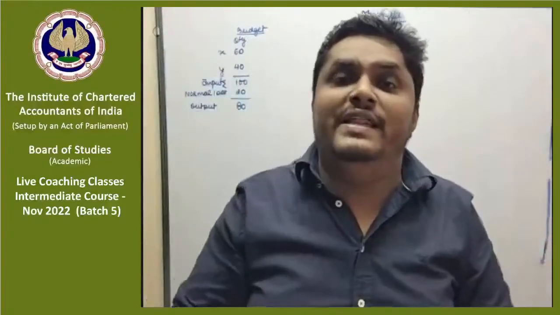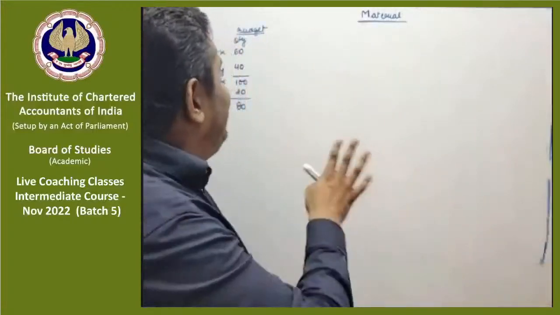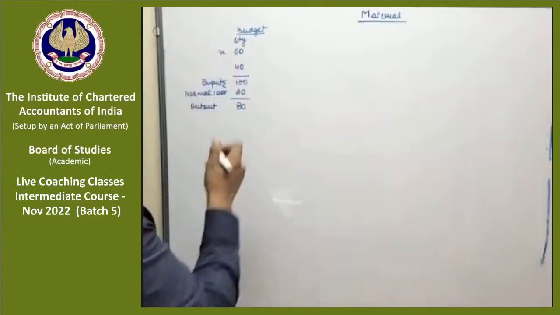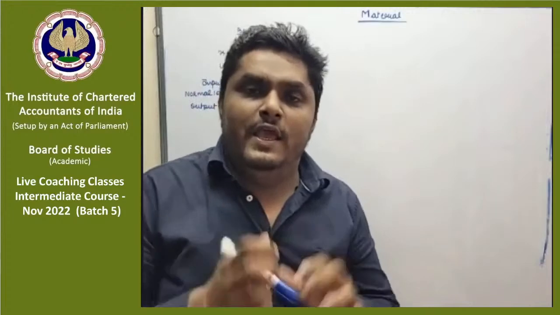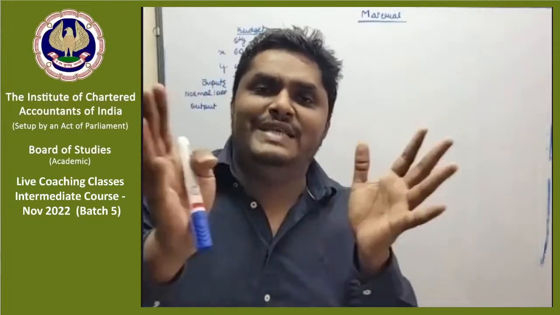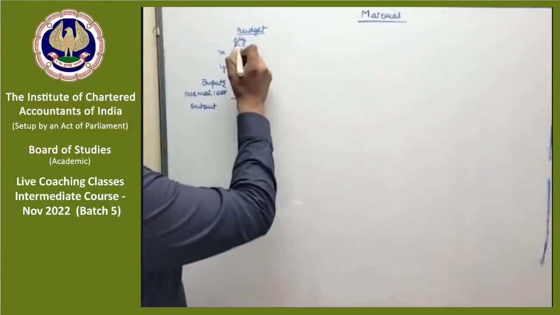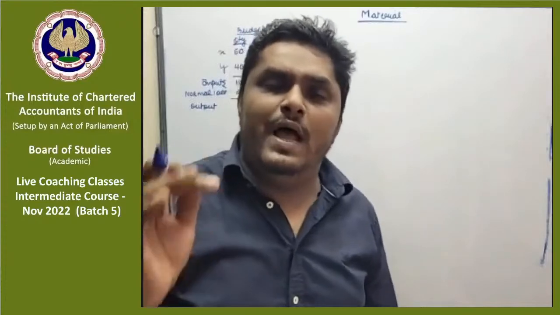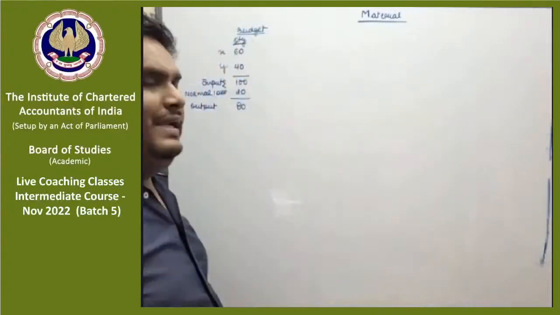The head of the materials department has the correct picture that we are manufacturing our products using 2 types of raw material, X and Y. If the quantity consumed of X is 60 kgs, then Y will be 40 kgs. The total input will be 100 kgs. The normal loss is 20% of input, so the output is 80 kgs.